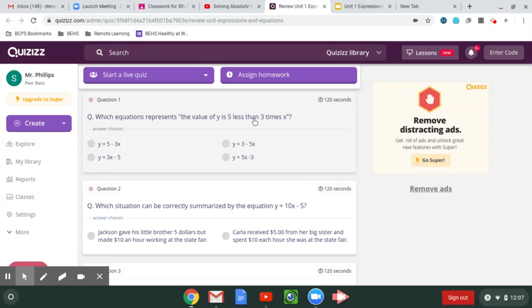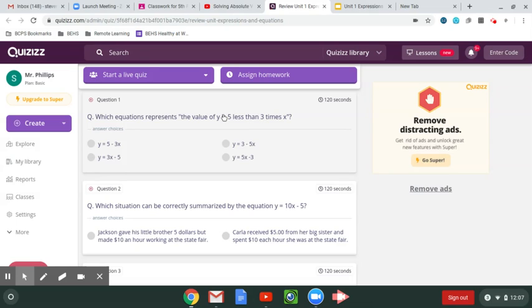So the first thing I'm going to think is, I'm going to look for a 3x. I'm looking at my options and I know it's not 5x, so I know it's not these two options. So now I know it's either this one or this one. And then I remember from Mr. Phillips, Mrs. Abshire, Mr. Edelin's class that the word "than" is a turnaround word.